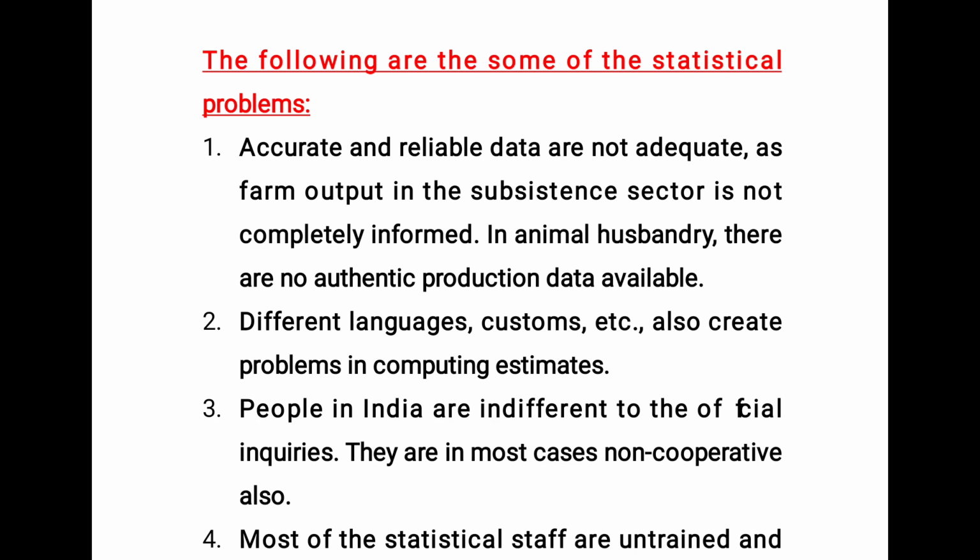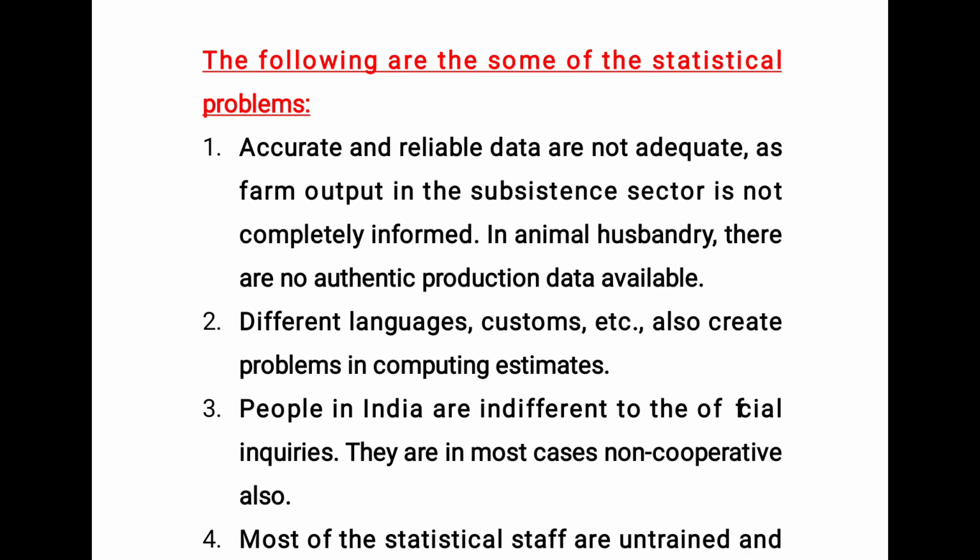People in India are indifferent, and there is much chaos. They do not cooperate with us. You can see the census people, when they come home, they ask you for some details. People do not give the correct data. They say it's like this, it's like that, and nothing is told out properly.